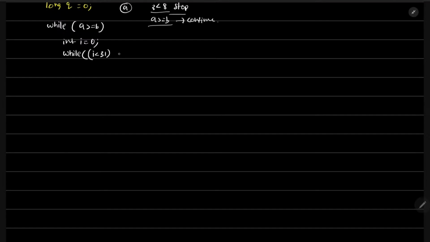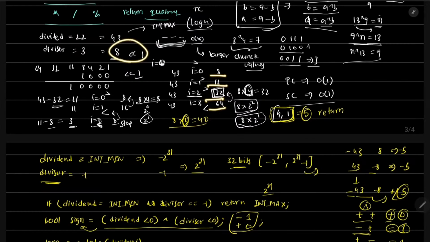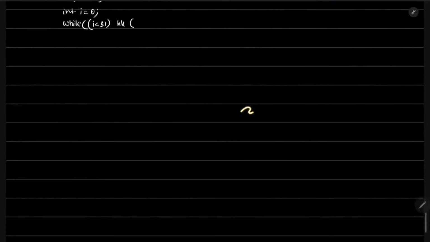We go until 30. And what we have to do? We are left shifting it by i, right? Let's do it. So b left shift of i is less than or equal to a. Then continue incrementing i, right? Until it's no longer less than a, right? So if 43 is greater than 64, then we stopped it and went back to 32, right?